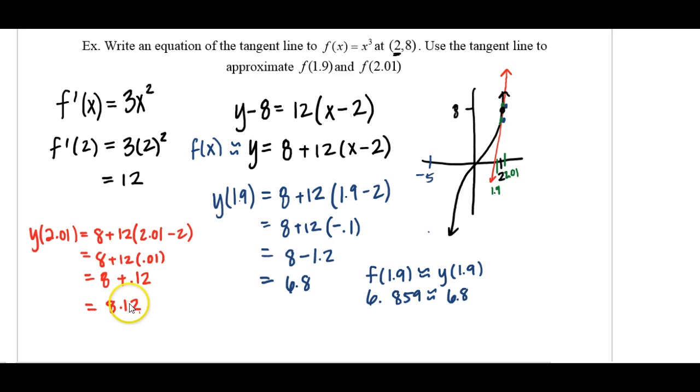So this should sort of make sense, and we see that there's not too much of a margin of error, and that's because we're pretty close to the point of tangency. So we chose values near the point of tangency. We don't want to get too far away from it. So to conclude this problem, we want to say that f of 1.9 was approximately 6.8, and f of 2.01 is approximately 8.12.